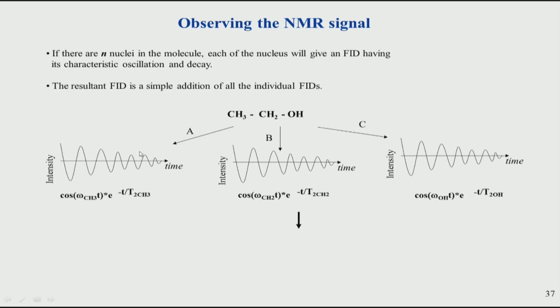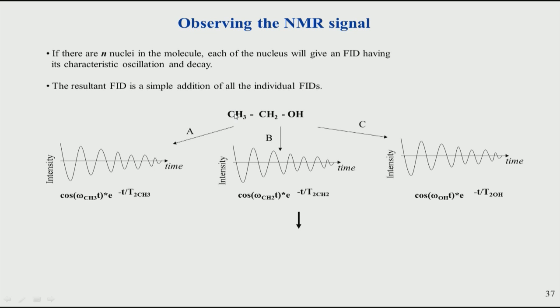This is what I showed in the previous slides about what an FID is, and similarly here this will be a multiplication of the frequency of B, that is this hydrogen H2, with its decay, which is shown in this FID, and that decay depends on the CH2 T2 relaxation.